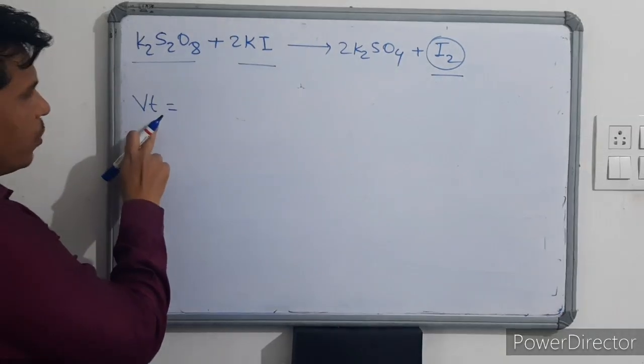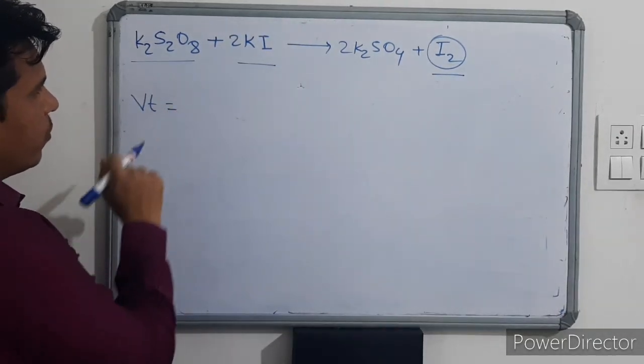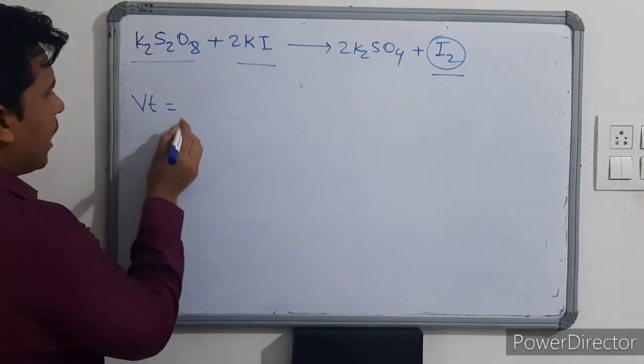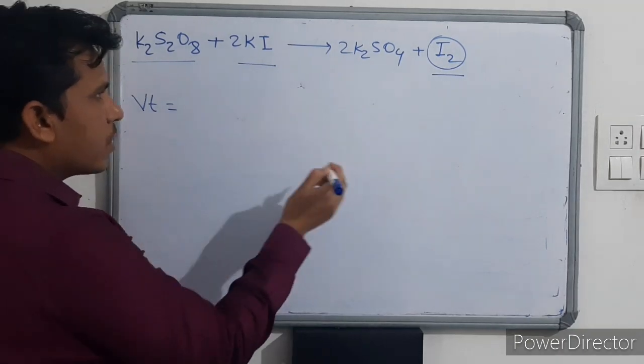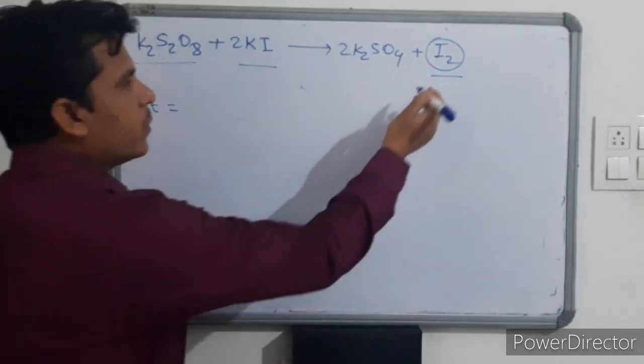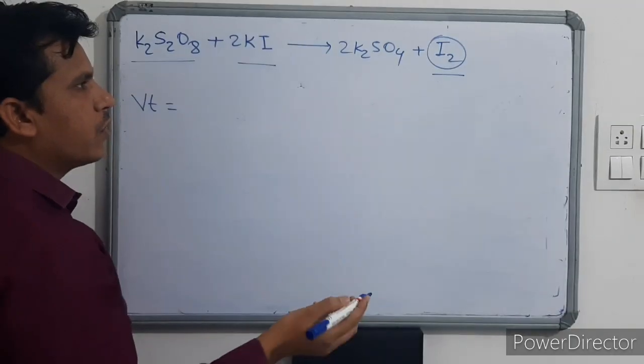So this volume of standard hypo solution required for titration at different time intervals corresponds to the amount of iodine liberated at different time intervals.